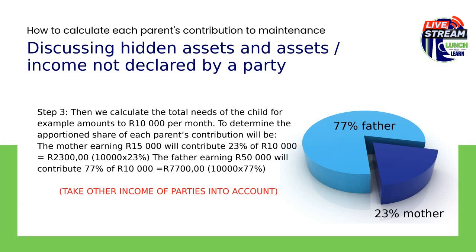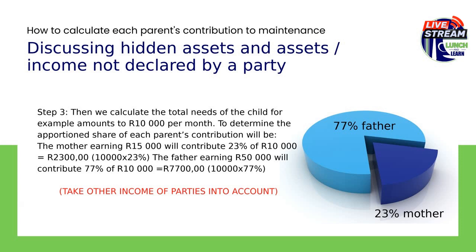So now, if we go back right to the beginning, we've established the amount that the child needs. That's what we did in the previous session as well. So we've established this is the amount of maintenance needed for the child. For example, let's say that amount is 10,000 Rand that the child needs. Now, to apportion that, you simply calculate 23%.